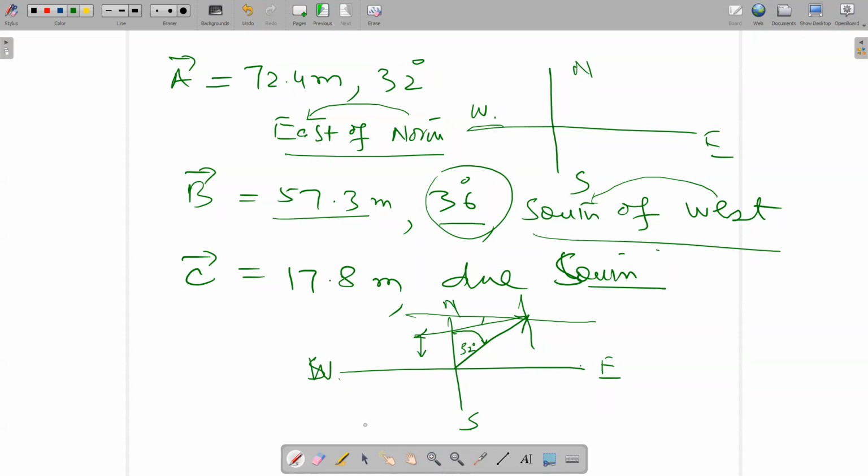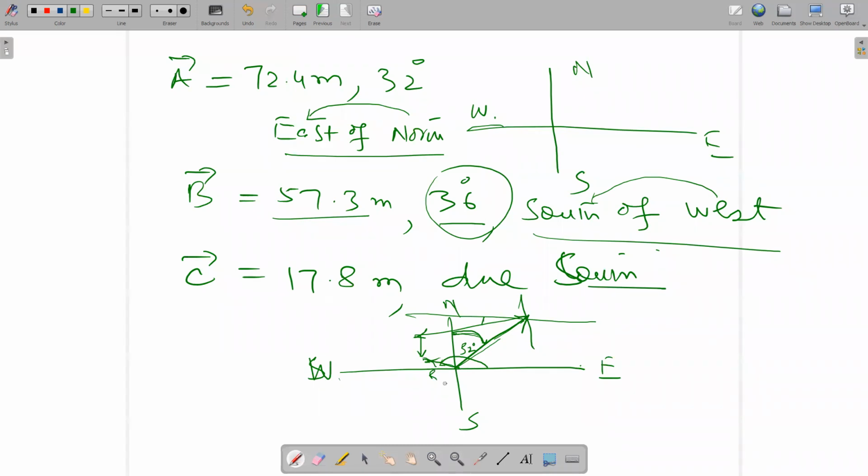This is south. So this is your 32 degree angle with north and south, east of north, and then south of west, and then south. So what is the resultant? Resultant will be this one. This is your resultant. You can find the angle of this one. You can find this resultant R.